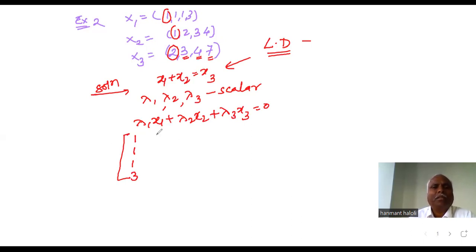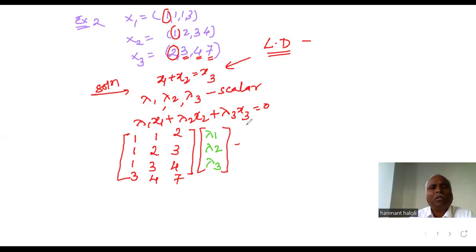Then x2 vector: 1, 2, 3, 4. And here 2, 3, 4, 7. This is our coefficient matrix. Here the variables are not x1, x2, x3, as they are vectors. Our variables are lambda 1, lambda 2, lambda 3. This is a homogeneous system of linear equations containing three variables.